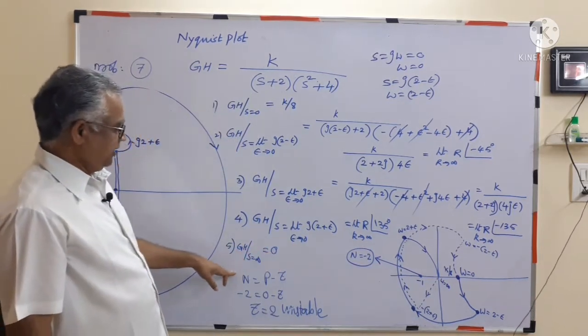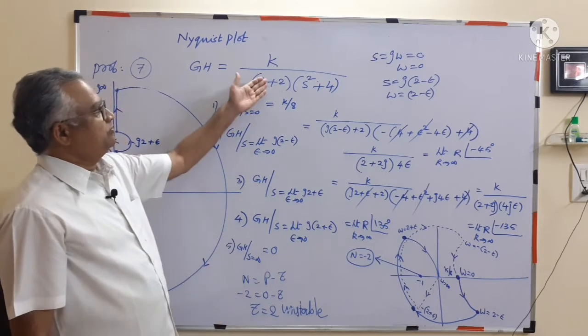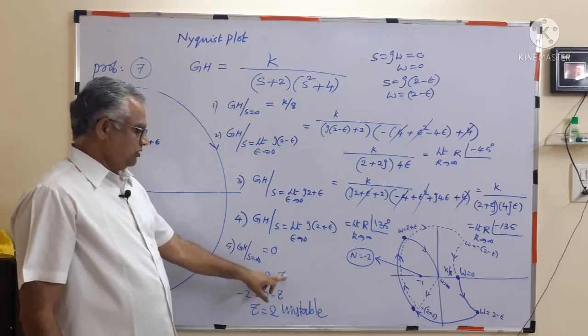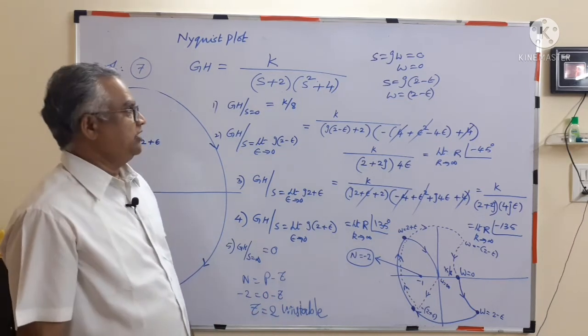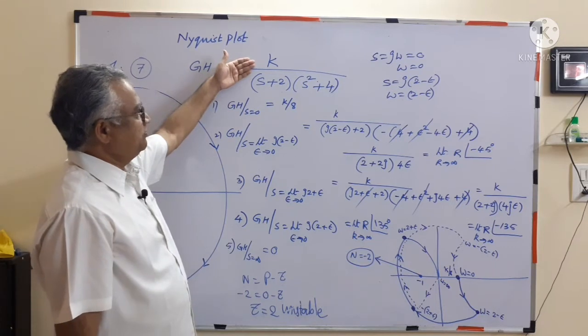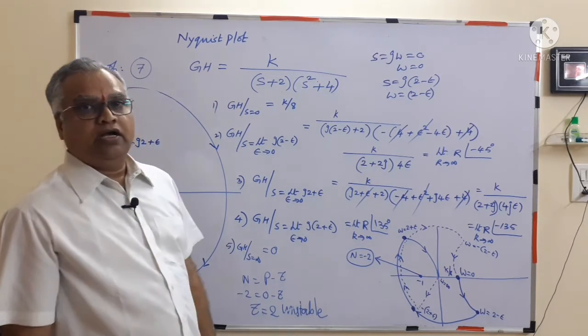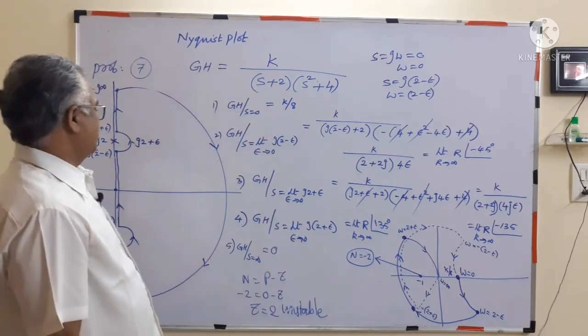Now what is the argument? N equal to P minus Z, N is -2. From the problem, there are no poles in the RHS, so P is 0. Solving for Z, Z equal to 2, so it is unstable. The open loop system is stable, but the closed loop system is becoming unstable.